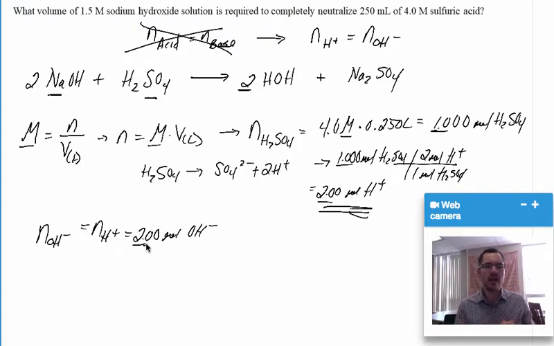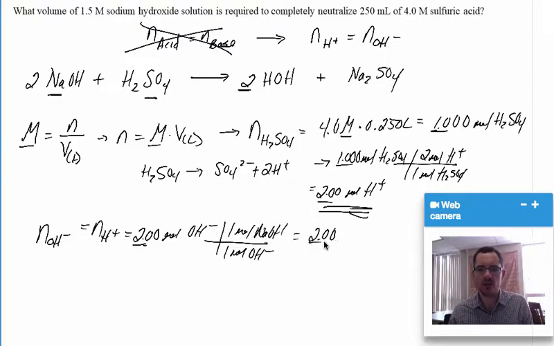Now, the question was asking about the sodium hydroxide solution, but since we know the number of moles of hydroxide, I can easily find the number of moles of sodium hydroxide. Because if I break up sodium hydroxide, it's 1 sodium for every 1 hydroxide, based on the chemical formula for NaOH. So for every 1 mole of OH negative, I will have 1 mole of my NaOH, which means 2.0 moles of sodium hydroxide to 2 sig figs.